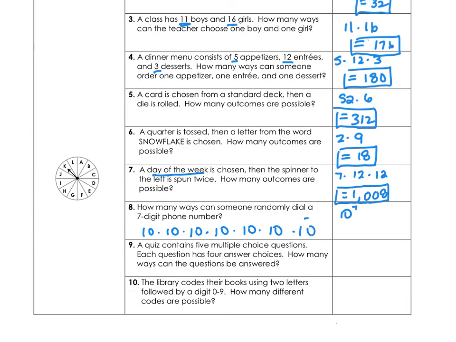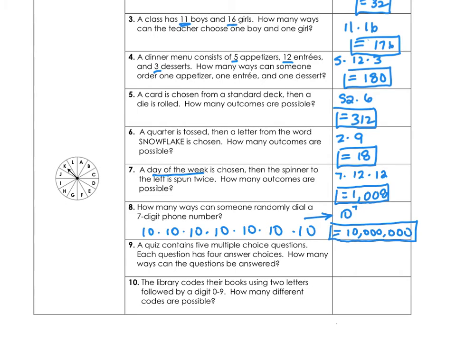We all remember that our shortcut is to just take 10 to the 7th power, and so your answer is actually 10 million. There are 10 million combinations of randomly selecting a 7-digit number. 10 million. That's a lot, right?